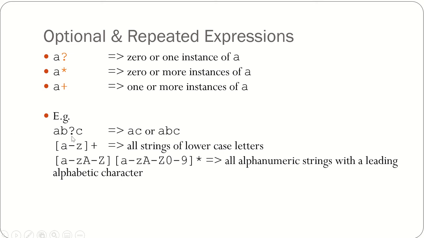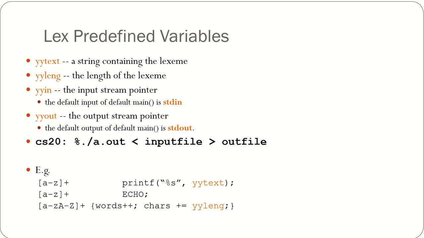For example, AB question mark C matches with AC or ABC, because question mark specifies 0 or 1. Even if this particular B is there or not, AC will be recognized. One or more instances, 0 or more, so ABC will be recognized. A to Z plus matches all strings of lowercase letters. This is a regular expression for recognizing all alphanumeric strings with a leading alphabetic character.